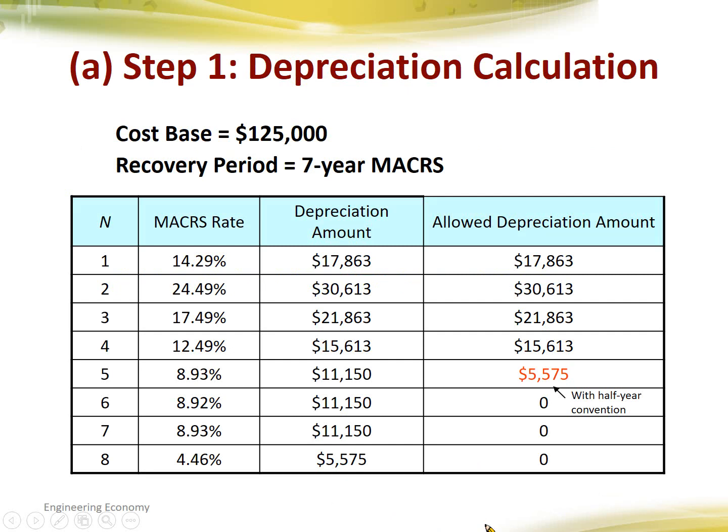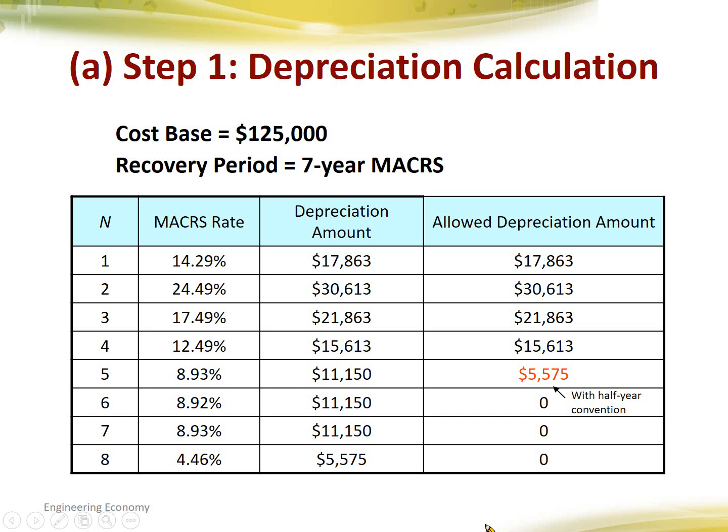This MACRS was from double declining balance switching to straight line methods or linear depreciation. So this is half of 28.58%, right? And gradually it becomes smaller until this point.